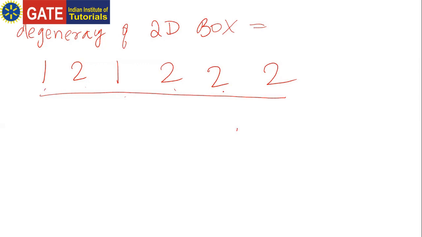Can you find the degeneracy for a 3D box? Okay, you do it as homework. Just try. If you're not getting it, no problem, we'll discuss in the next class. If you have time, please try for a 3D box. What is the difference?